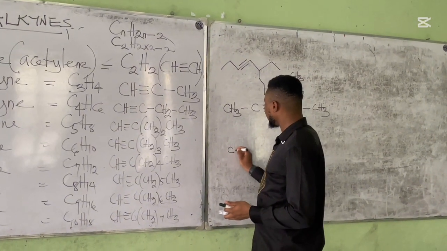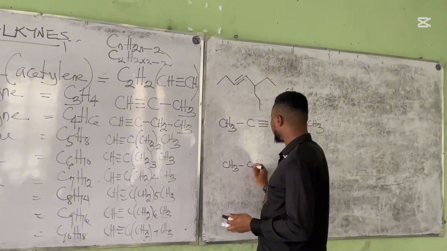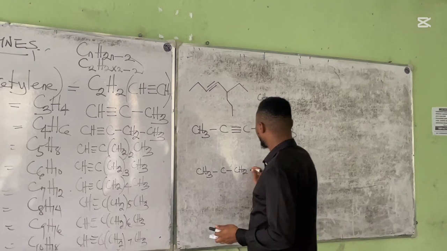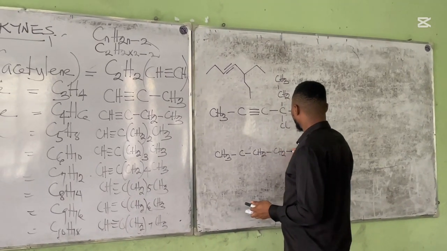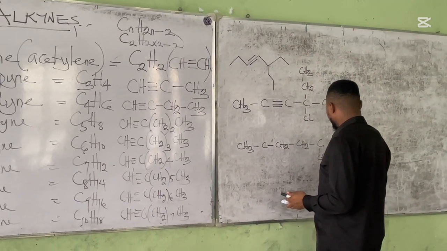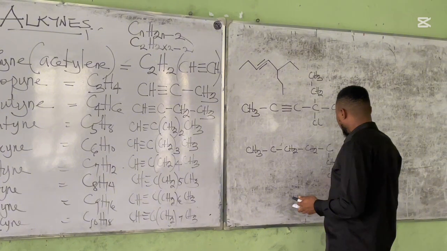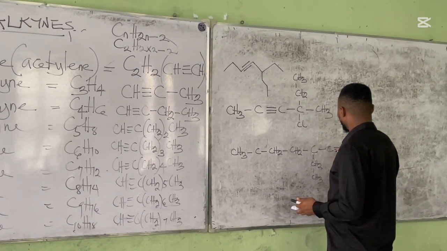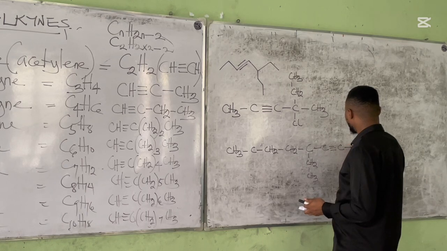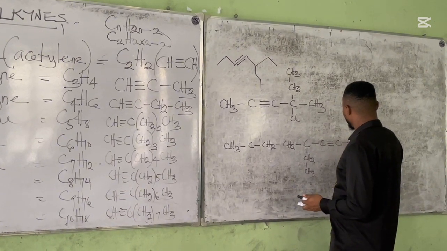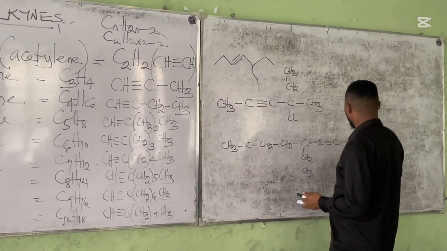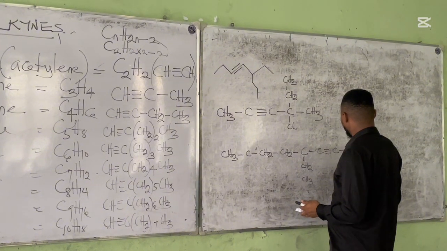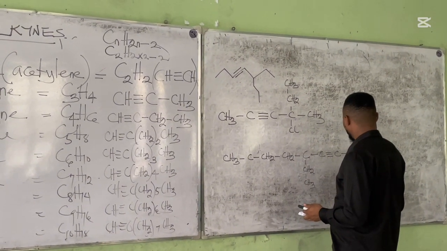Then number 3 is CH3, C, CH2, CH2, C, CH2, CH3, C, triple bond to C again, single bond to CH2, then CH2, CH3.